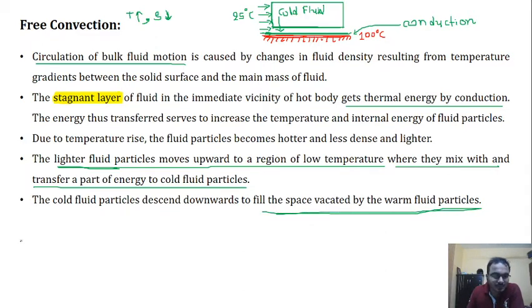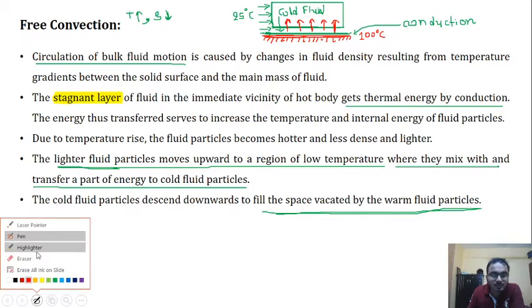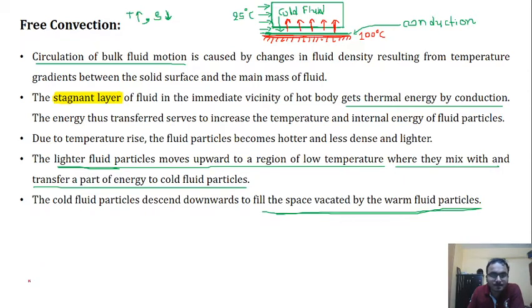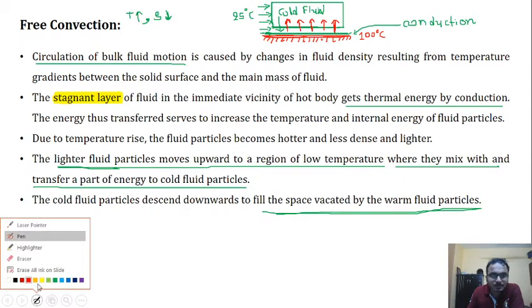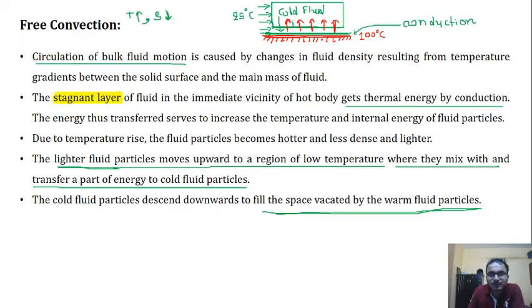So what has happened here is that whatever hot fluid particles were there will move upward in the cold fluid region, and the colder, heavier fluid will come down.